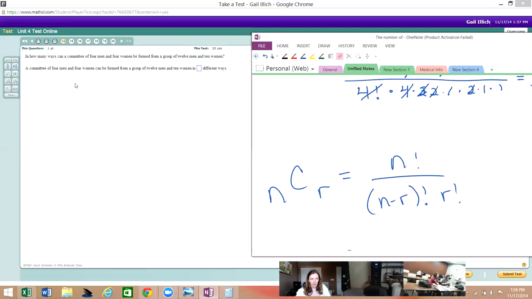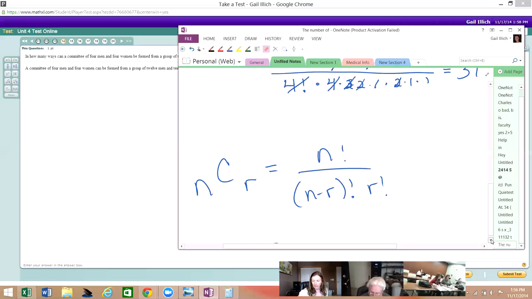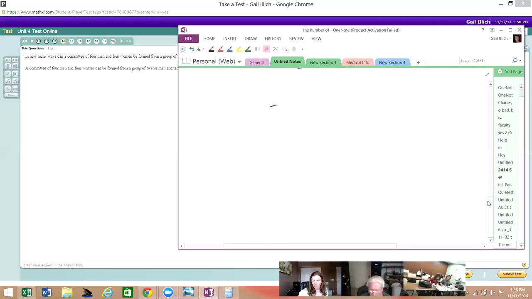In this one, we don't have probability yet. So we want a committee of 4 men and 4 women. The first thing we need to figure out is of the men, we need to pick 4 men, right? There are 12 men in the group, so we should do 12 choose 4. 12 choose 4 is 495.